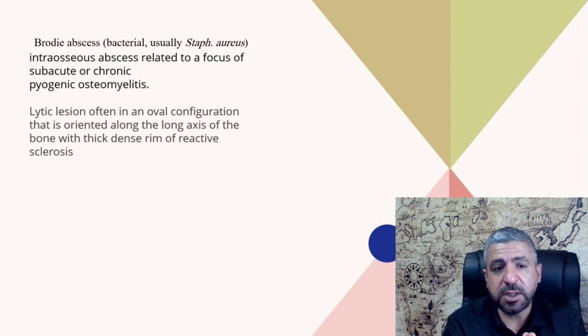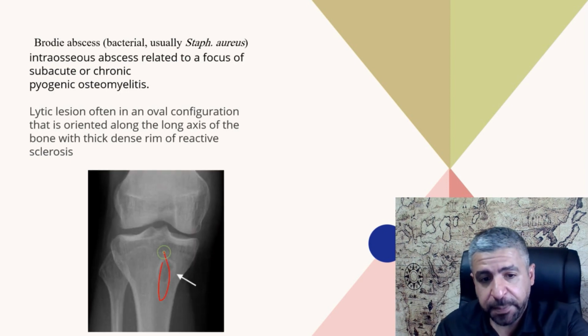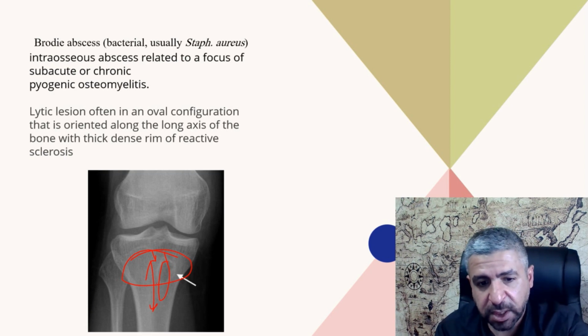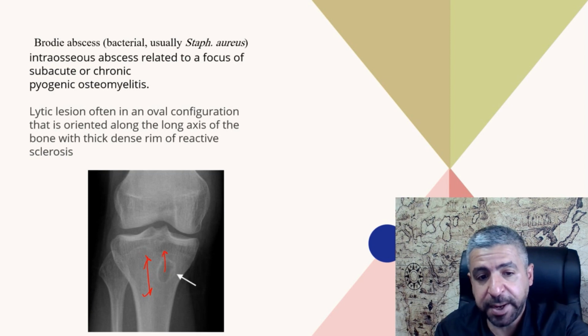And the lytic lesions usually have an oval configuration like that here, and they are oriented along the long axis of the bone. They love the area of the metaphysis or metadiaphysis. They have a sclerotic rim, as you can see here, and usually they are directed along the long axis of the bone, and sometimes they open into the growth plate.